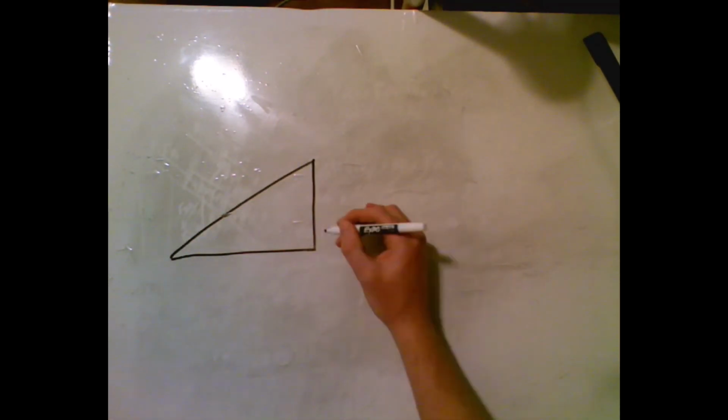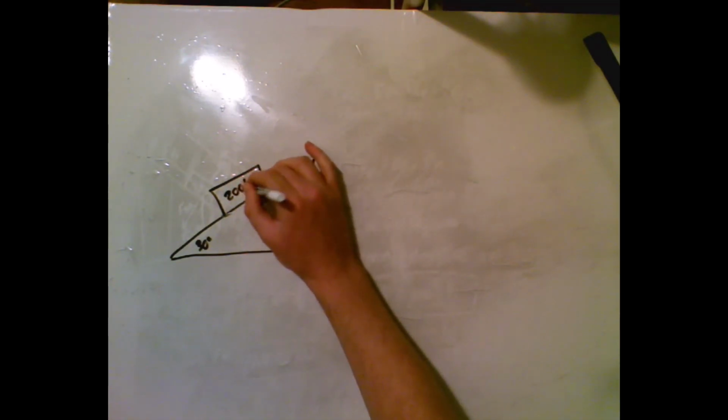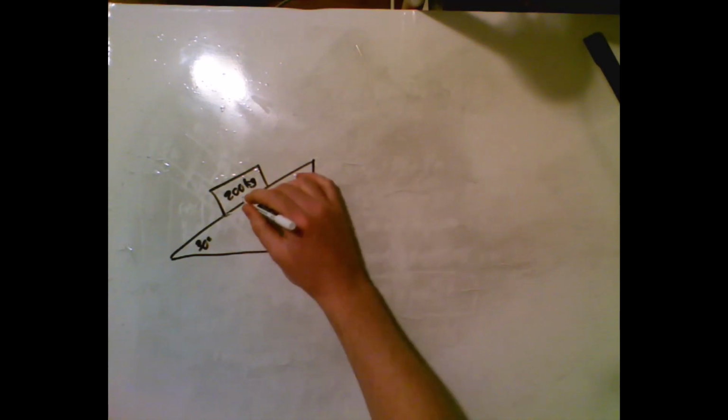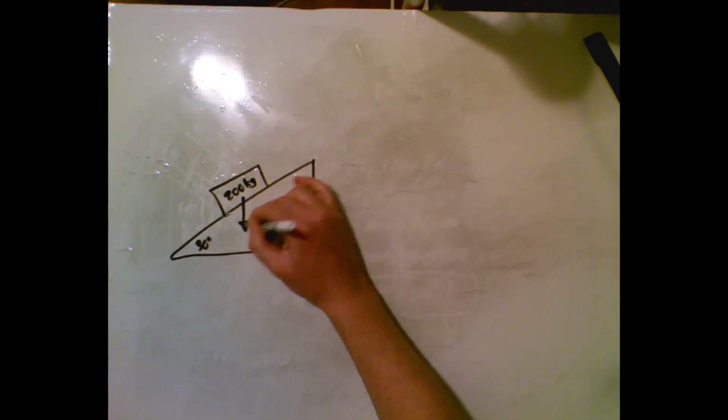So draw my inclined plane. And it doesn't matter which way you draw the inclined plane. So we have 30 degrees. We have our seal. Our seal is 200 kilograms right here. And we have a force of gravity down. And we don't know that force of gravity yet. And that's all the information that the question tells us.